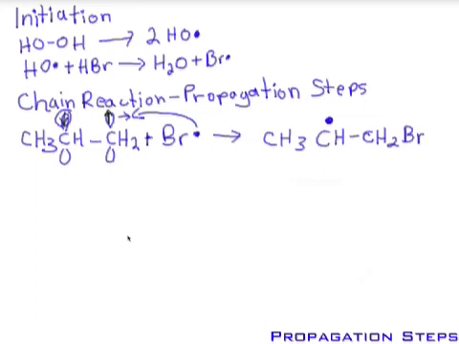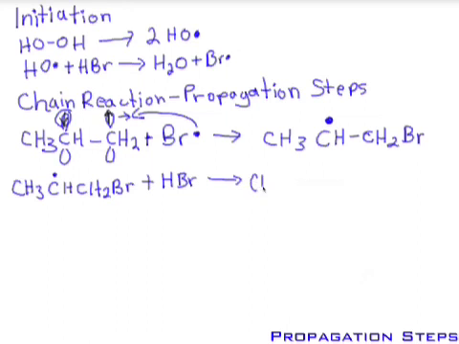All right, let's continue. This radical can now react with HBr, the dot grabs an H dot, and that will leave a Br dot.